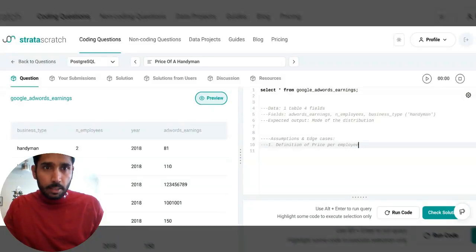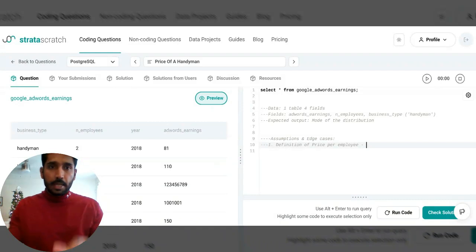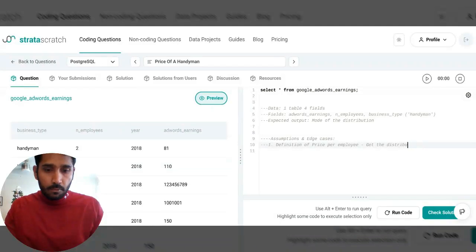The way I want to compute this from the information I've gathered is to get the distribution of business type handyman and identify the mode of the distribution.